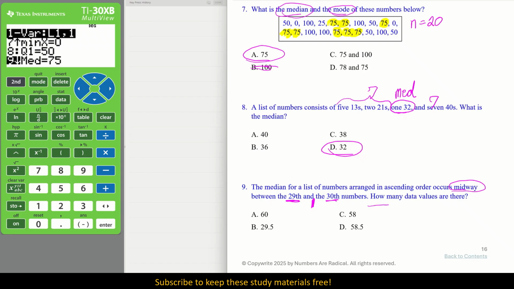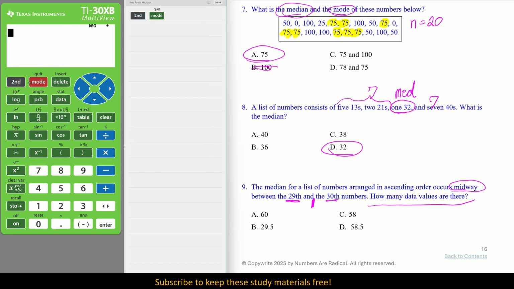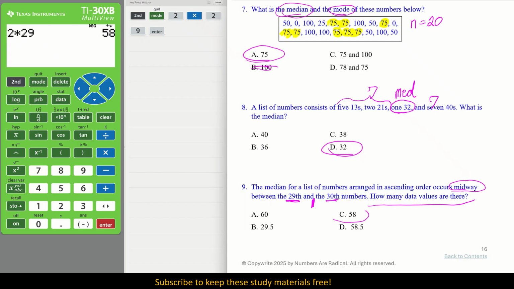So how many data values are there? 2 times 29. And I don't care how easy it is, you go ahead and put that in the calculator, and that means there are 58 actual numbers. And you know that because you have to go in between two of the numbers to get the literal middle of the numbers. Okay? All right, let's go to number 10.